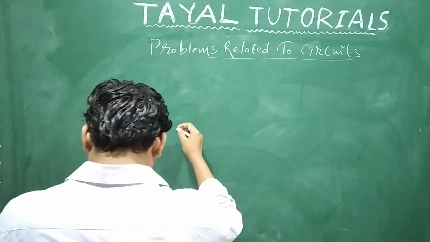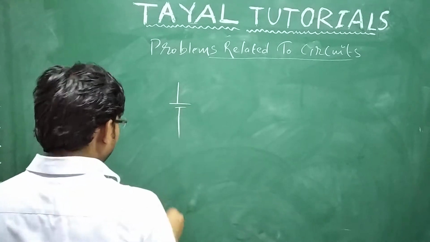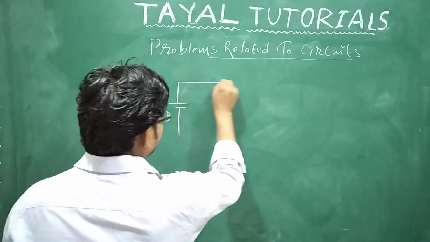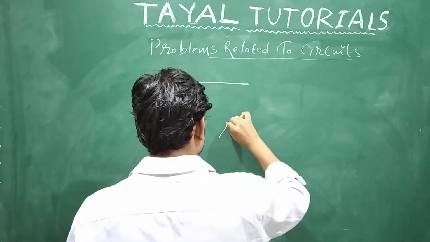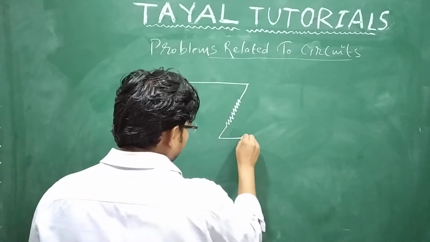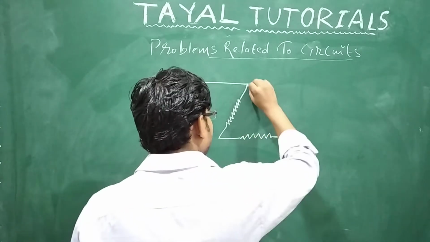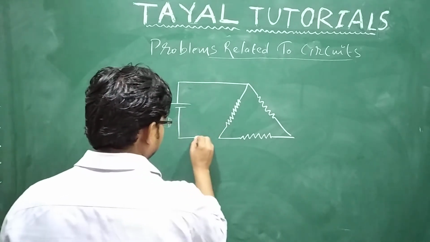Okay, see, this is a battery and this is the resistance, and the resistances are connected in that way.